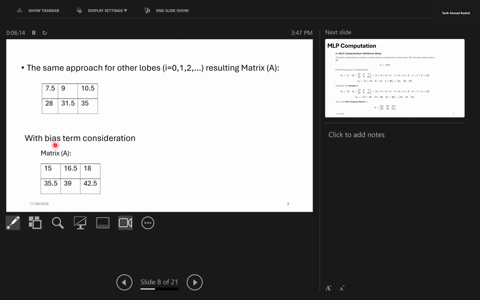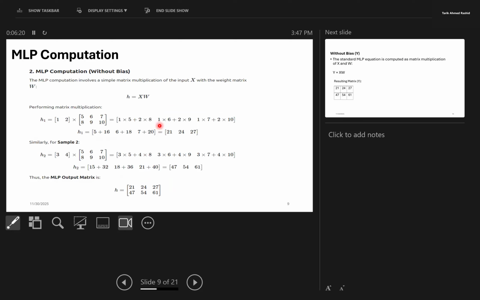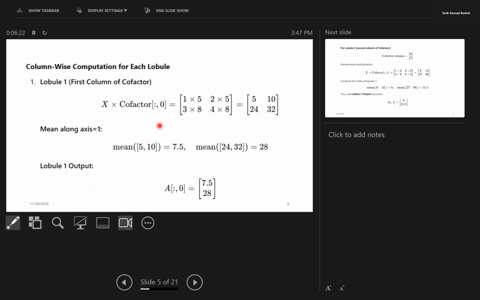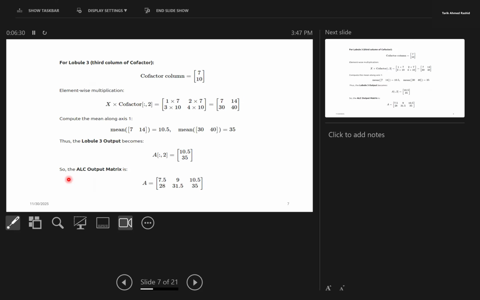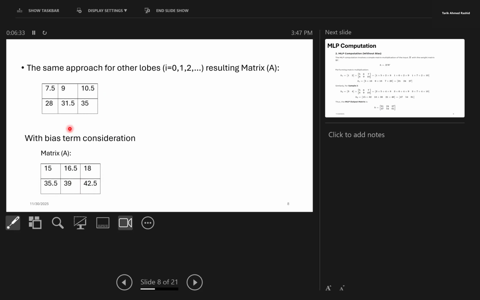If we add the bias, it is 5 plus 6 plus 7 plus 8 plus 9 plus 10 divided by 6, which gives 7.5.